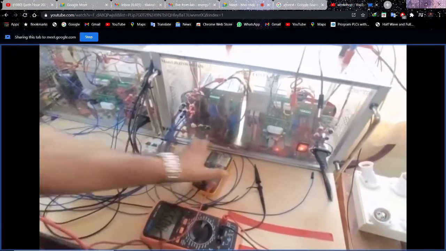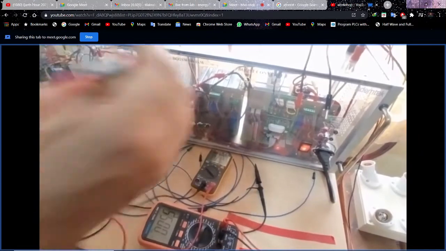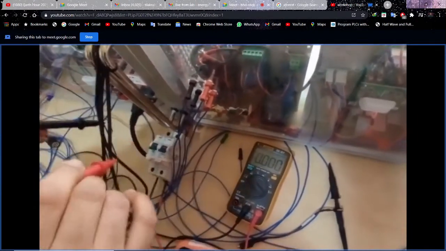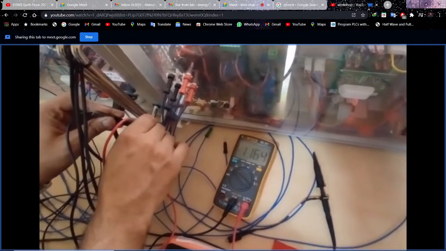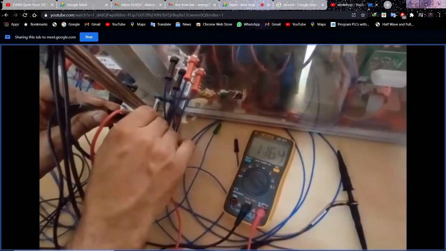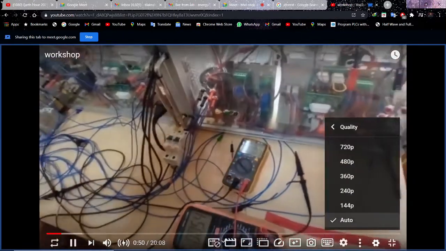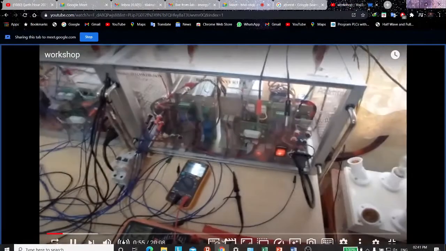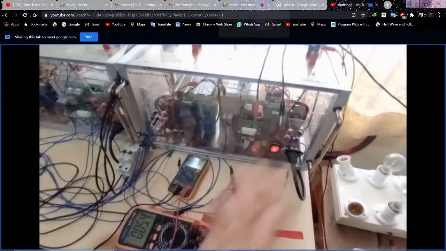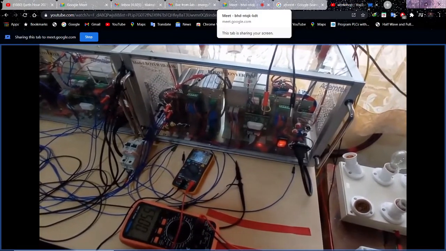Now if we check this voltage, what is the voltage right now? It says we are getting around 116 volt right now. So we will boost up this 116 volt to suppose 180 volt or 200 volt using the boost converter.